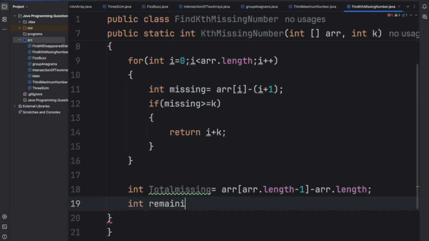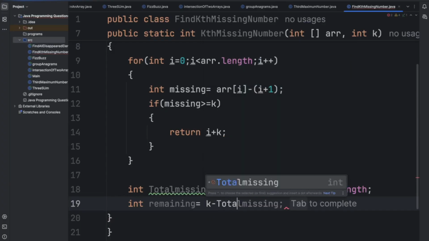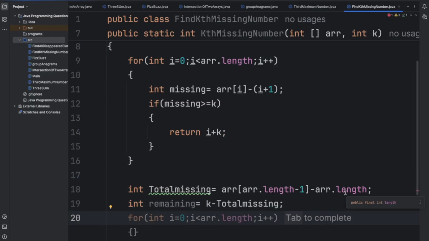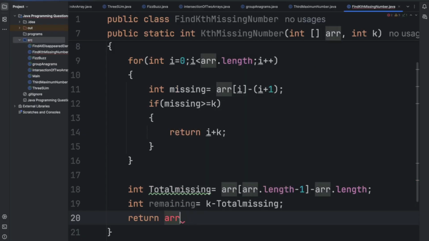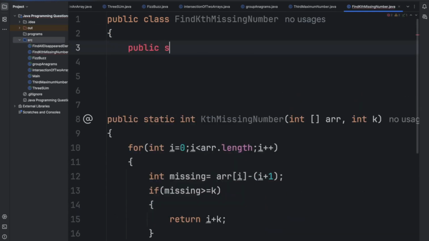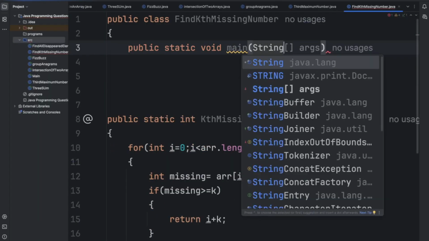And then you will find how many are remaining, which would be k minus total missing numbers. You have found the remaining numbers. So what will you return? Last element plus remaining, right?